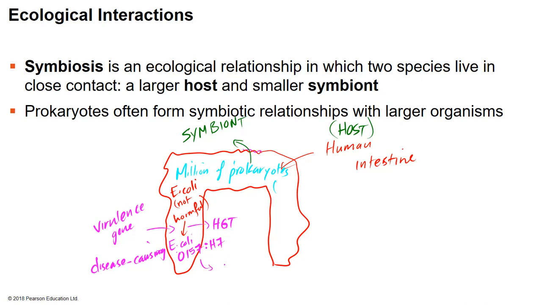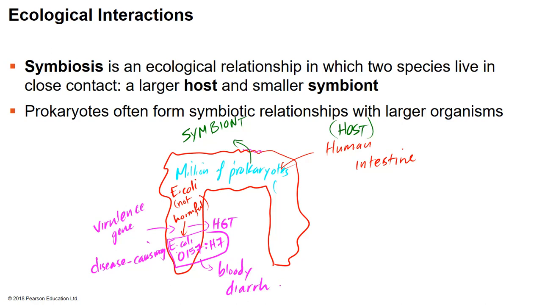This is a dangerous type of E. coli, okay, and it can cause bloody diarrhea. Diarrhea means ishal.